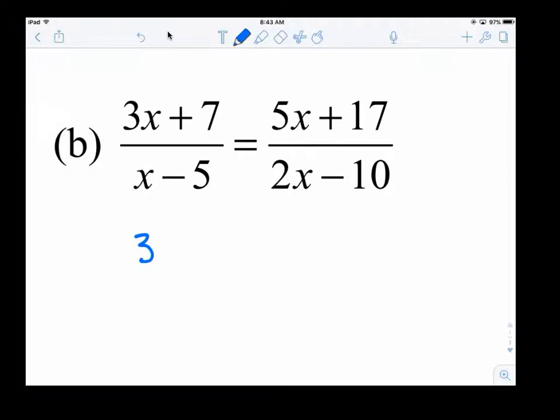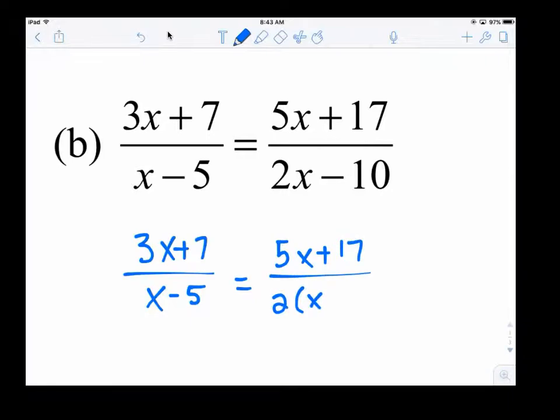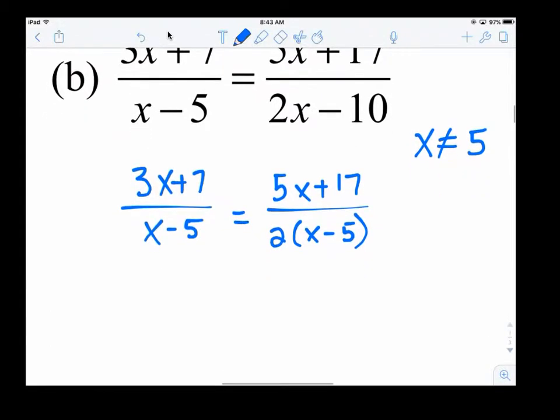Okay, 3x plus 7 over x minus 5. The only value that x could not be for this one would be what? 5.